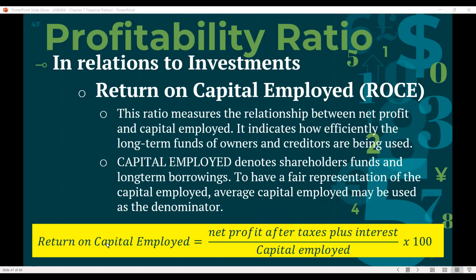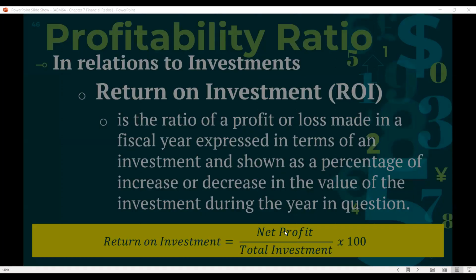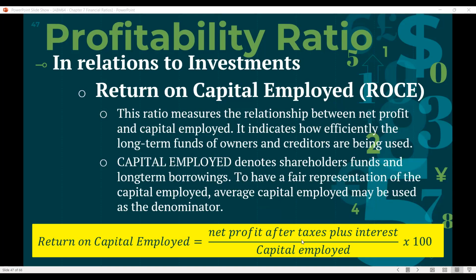So return on capital employed, you'll have net profit after taxes plus interest over capital employed. So as you can see here on ROI, net profit lang siya over total investment. The difference is that gi-adan ra siya og interest ang ROCE. Okay.